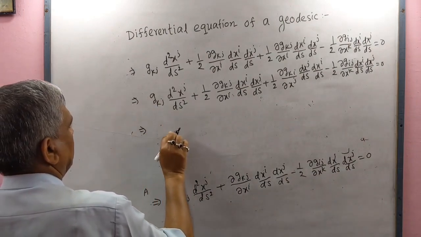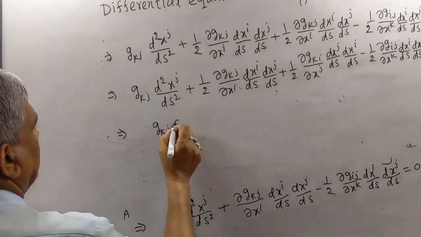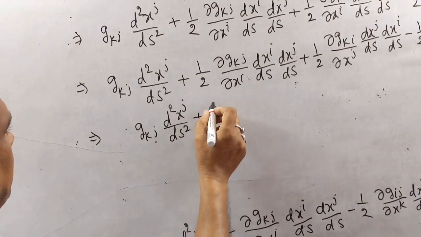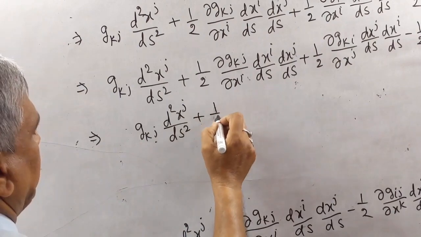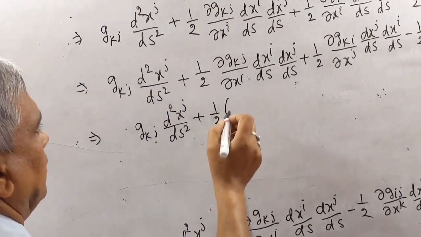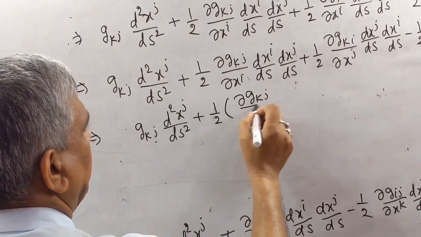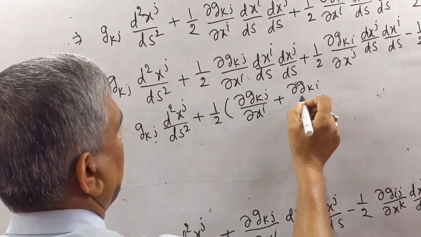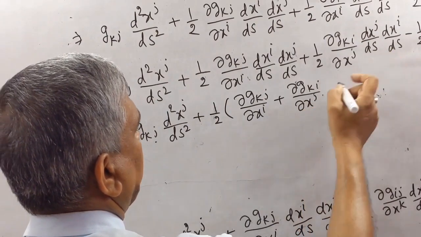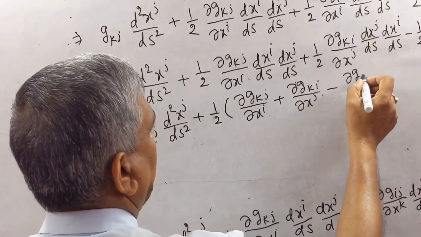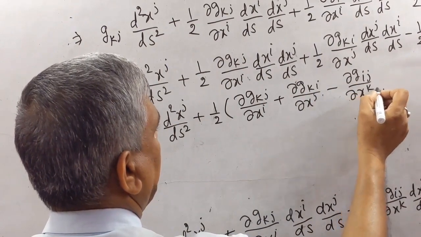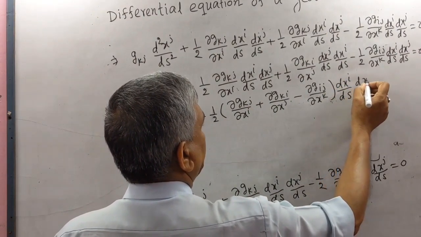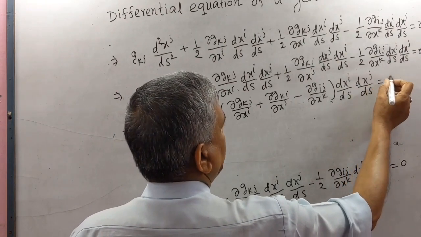Implies that gkj d2xj by ds square plus, taking half as common, del gkj by del xi, here del gki by del xj, here minus del gij by del xk, common dxi by ds dxj by ds equal to 0.